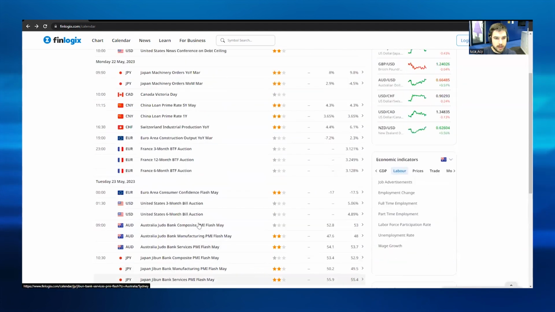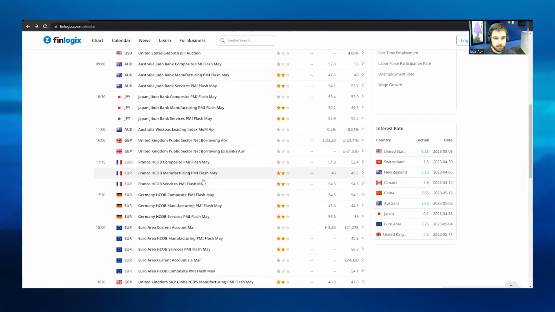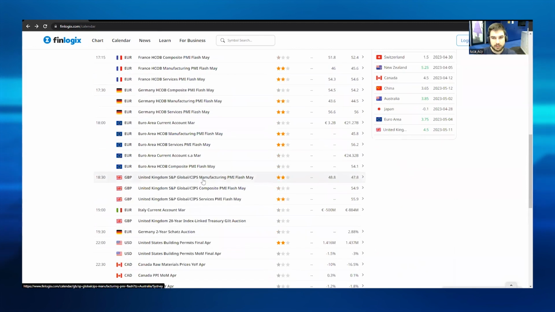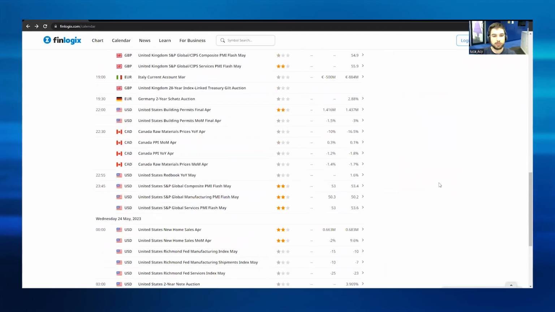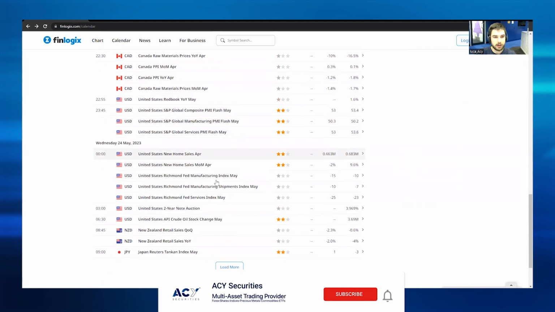So Tuesday is basically going to be a day of manufacturing and services PMI, so we have to pay attention. It will probably bring a lot of opportunities for us, even on the US.